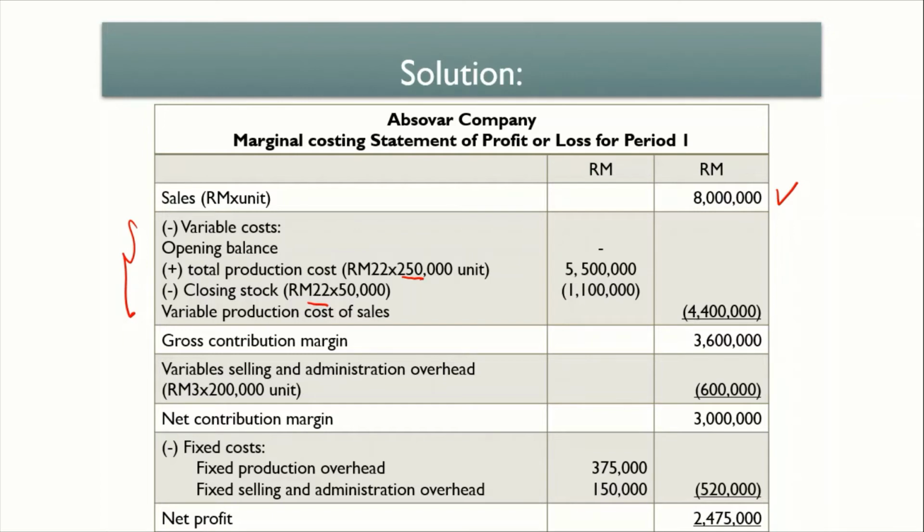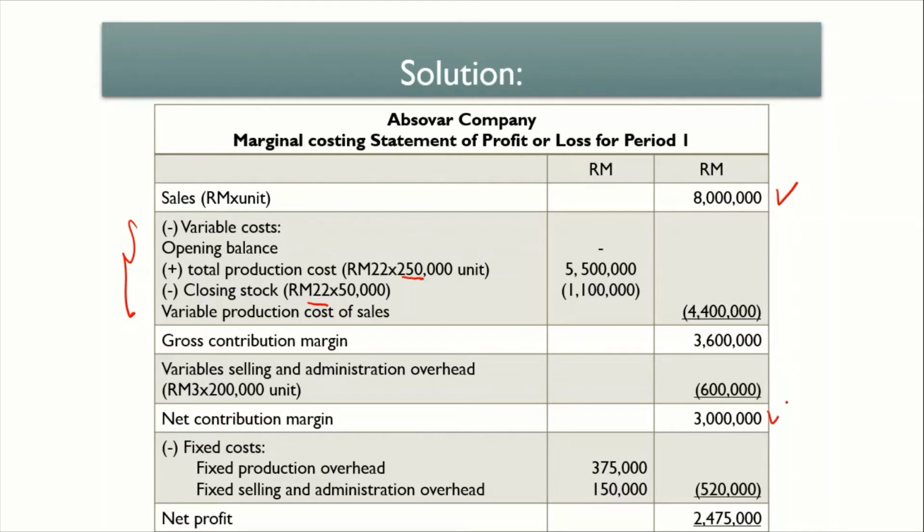It is gross because we are not yet deducting the variable selling and admin overhead. After you deduct the selling and admin, which is the non-production cost, you will gain the net contribution margin.